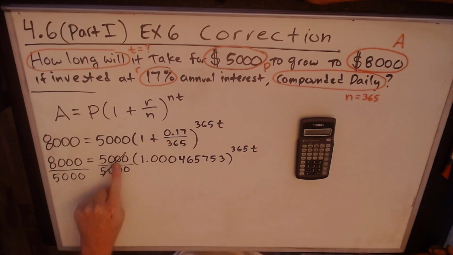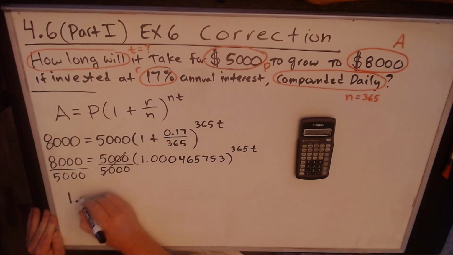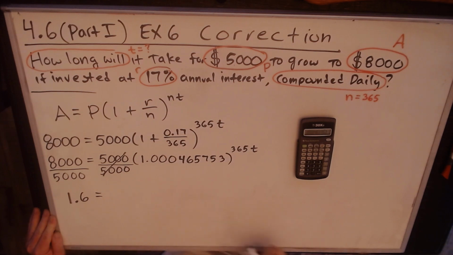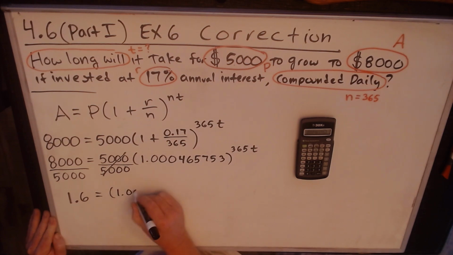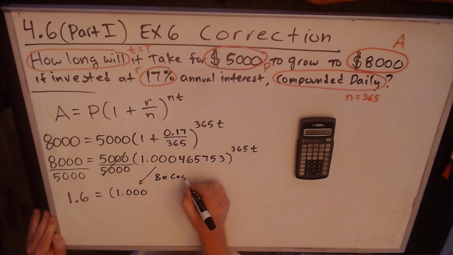So now I'm dividing both sides by 5,000. That's going to be 8/5, which is 1.6. And in transcribing this, be very, very careful. In fact, I'm just reminding myself of that as well.